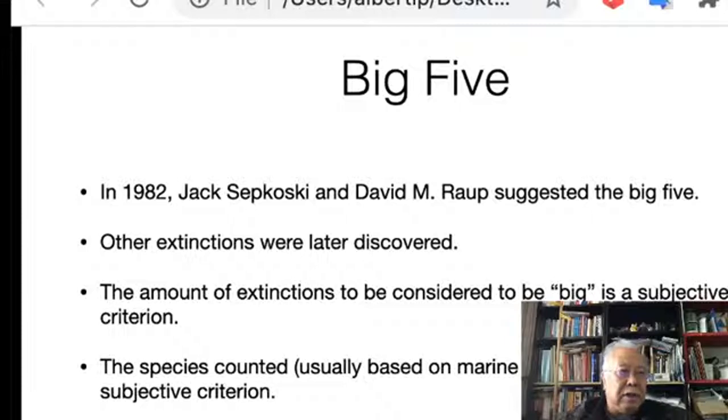The species counted is also a subjective criteria, because after all, what we are trying to look at are the species in the fossils. And we know that the fossils may not be able to capture all species. Some species just don't have sufficient luck to exist as a fossil. And the fossils are constantly being discovered, so as fossils are discovered, the number will change.